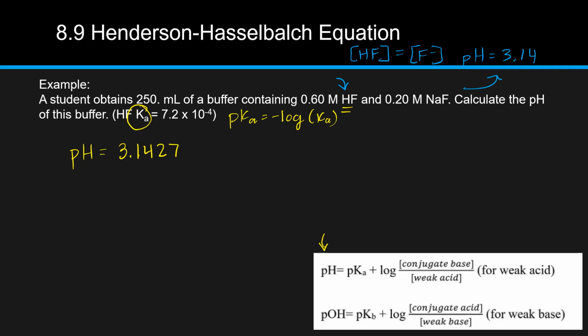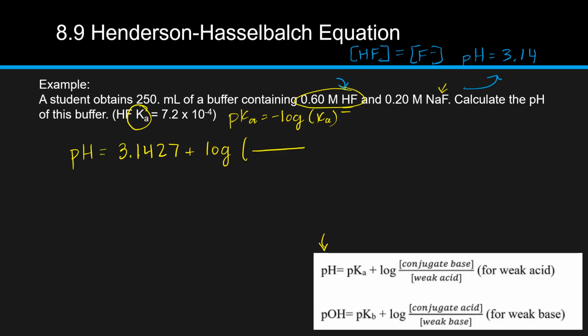So now let's finish our Henderson-Hasselbalch. We have plus the log, and then it's going to be conjugate base over weak acid. So conjugate base is F minus, that is a 1-to-1 ratio here, so that's going to be 0.2, and then weak acid is HF, so that's going to be 0.6. And I hope you caught that mistake.